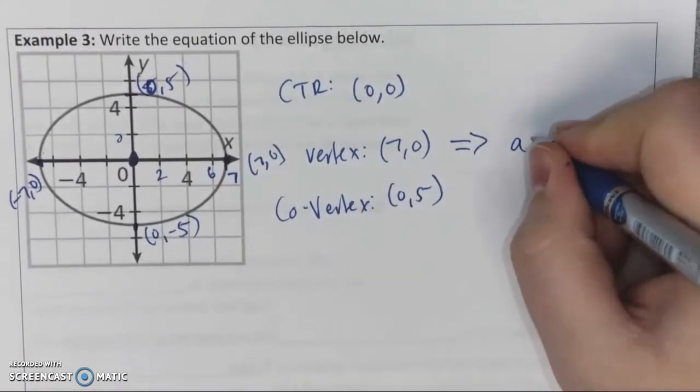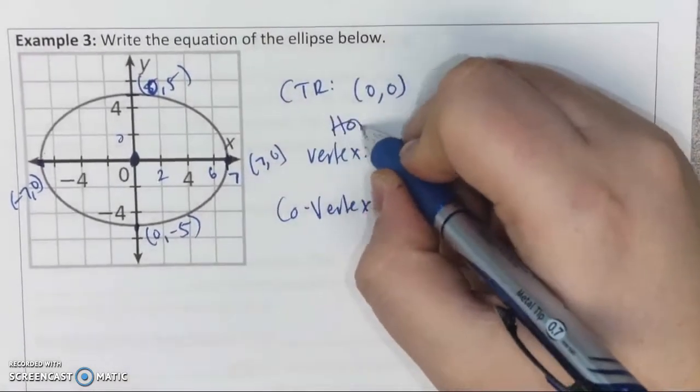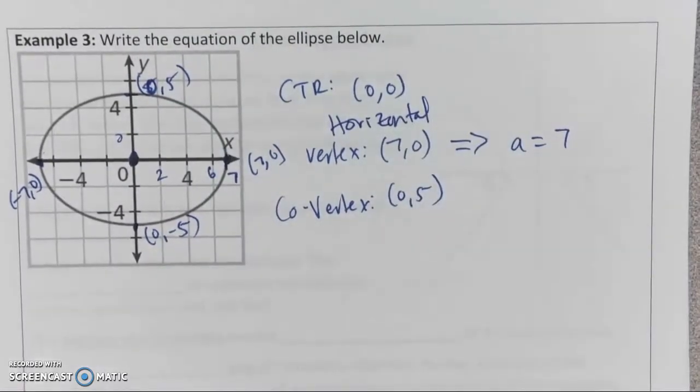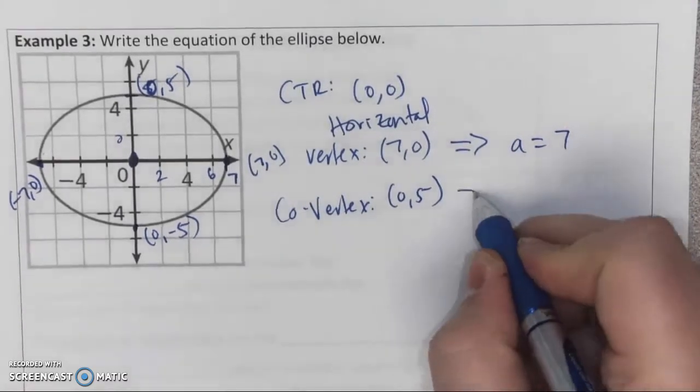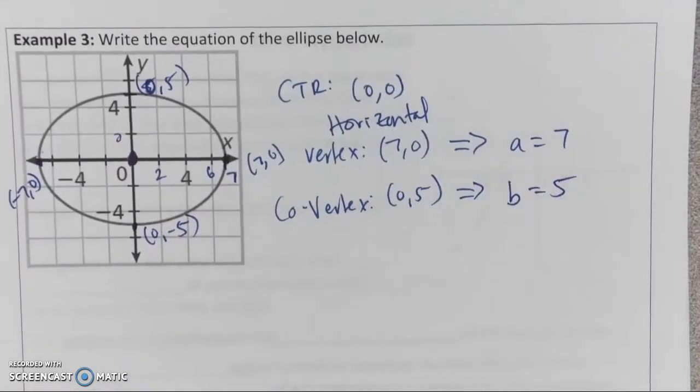It's going to imply that a is first and foremost 7. It also is going to tell us that this is a horizontal ellipse, which we knew. It was longer on the x than it is on the y. So the vertex at 7, 0 implies that a is 7. A co-vertex at 0, 5 implies that b equals 5.